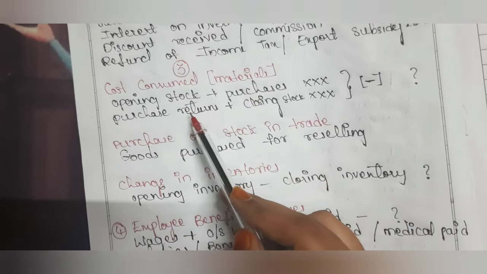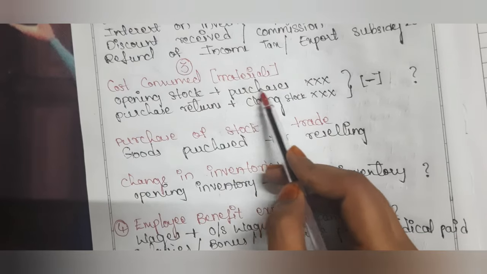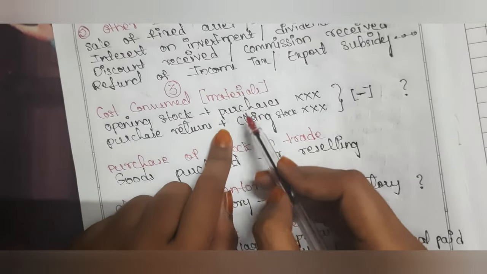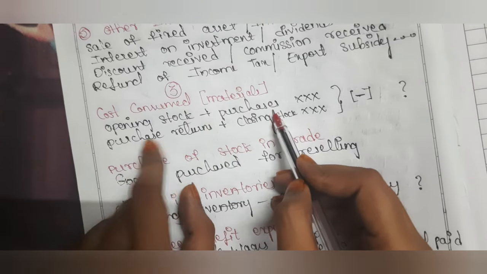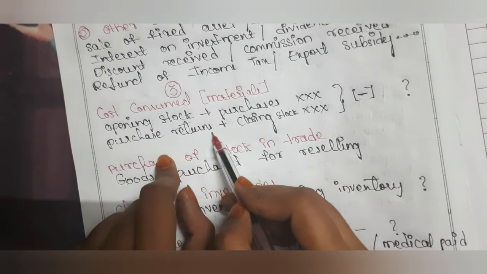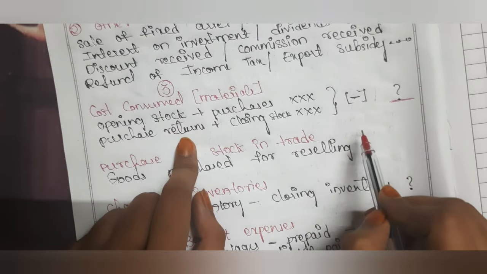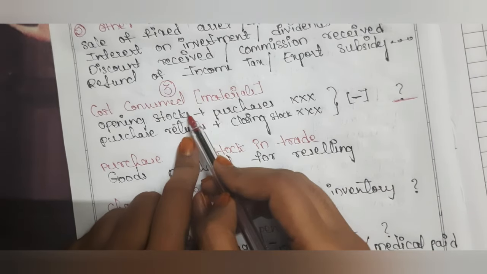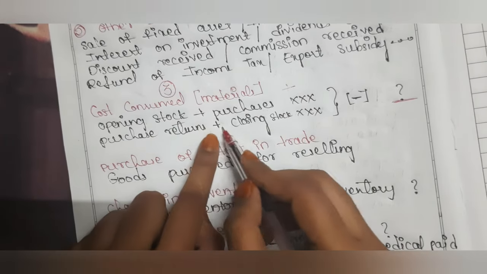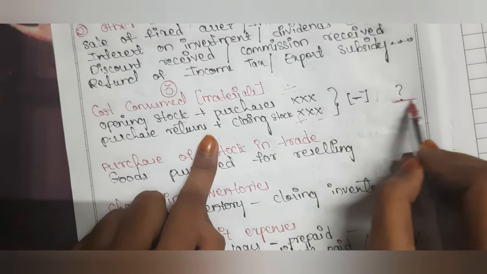In many cases they will give you purchases, then they will give you purchase returns. So from these purchases you need to minus purchase returns. Whatever amount you are getting, that amount will be this. If they are giving you opening stock plus purchases, you plus, and purchase returns plus closing stock, you minus. So from this amount you minus, you will be getting this amount.